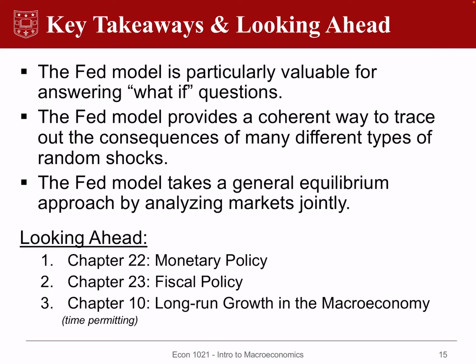The Fed model is pretty powerful because it analyzes these financial markets, spending markets, and the role of inflation jointly. And it is a coherent way to trace out the consequences of many different types of random macroeconomic shocks.